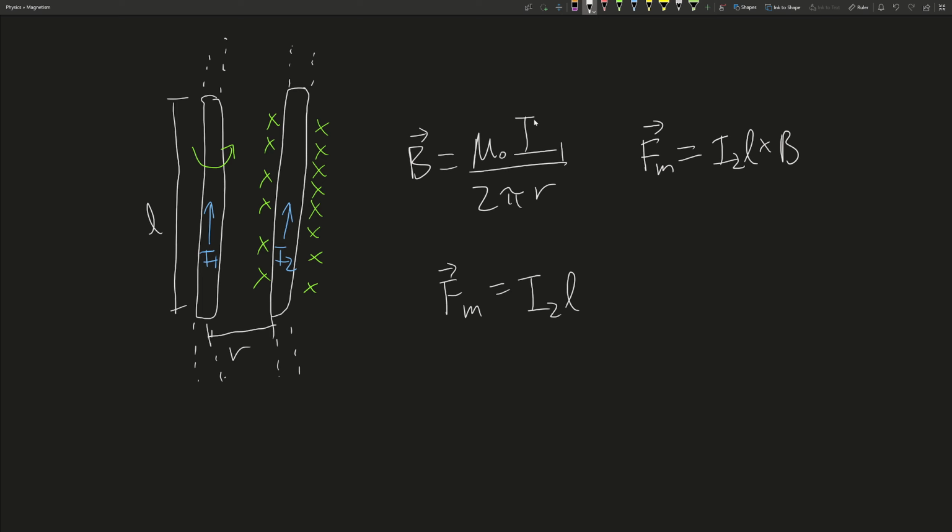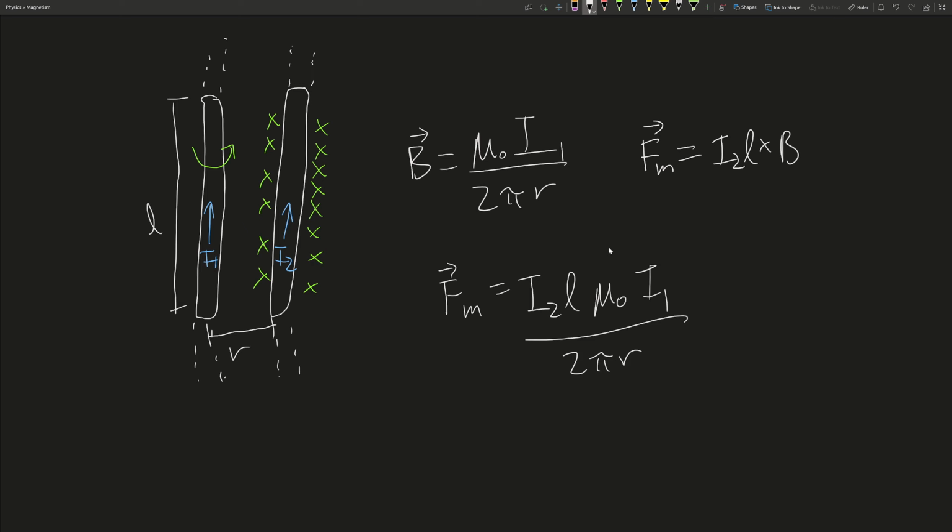So if we substitute this equation for the magnetic field strength into this Lorentz force equation, we get that the force on this right wire is equal to I2 L mu naught I1 over 2 pi r.